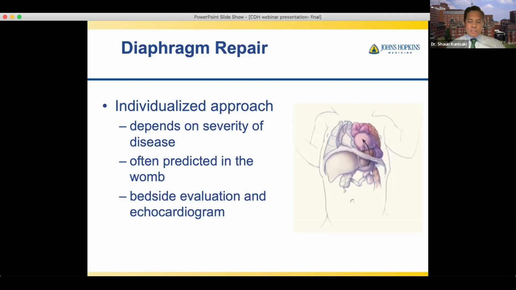Much of this can be predicted with high accuracy when the baby is still in the womb. But we also confirm our suspicions about disease severity at the bedside, working with our neonatologists and through echocardiograms and other studies during the hospitalization. Next slide.